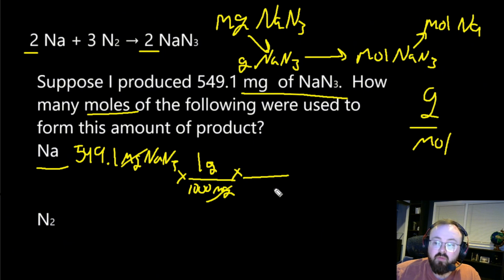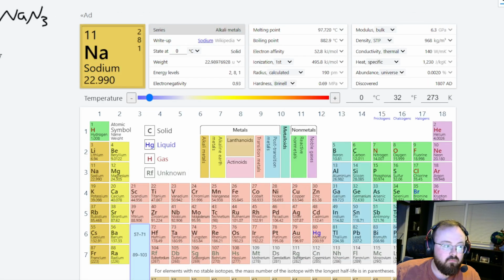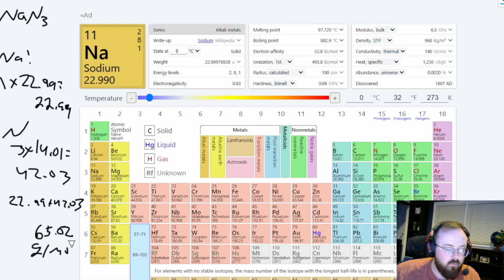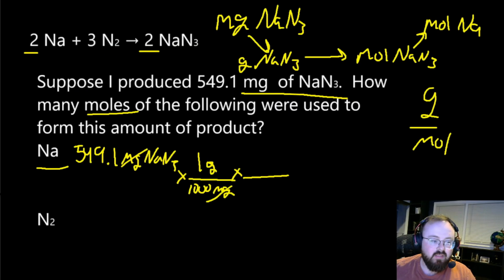We have to find the molar mass of NaN3. And now we can take that value that we just found, plug that in, 65.02 grams per 1 mole of NaN3.